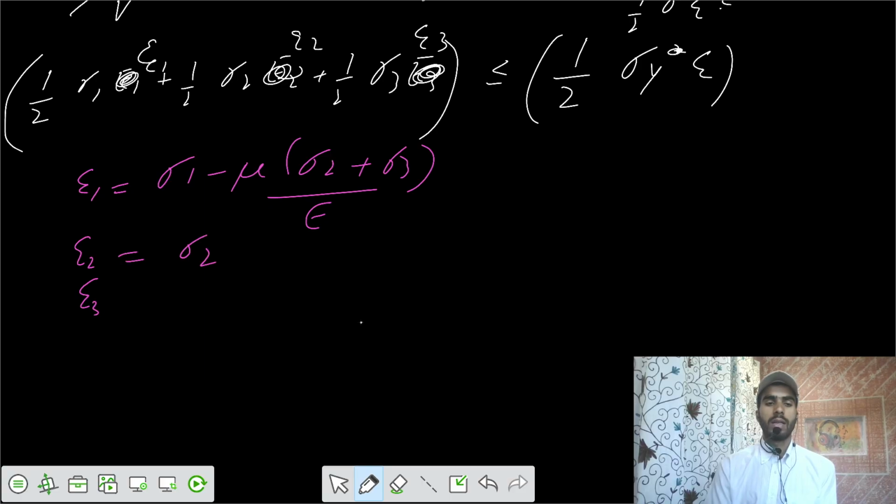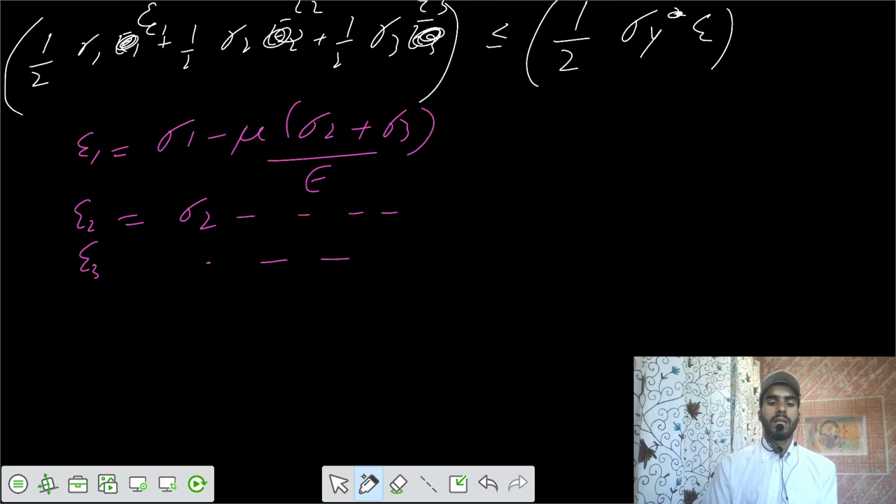You can also have that. So if you substitute those values in place of E1, E2, E3, then we can write the equation directly.